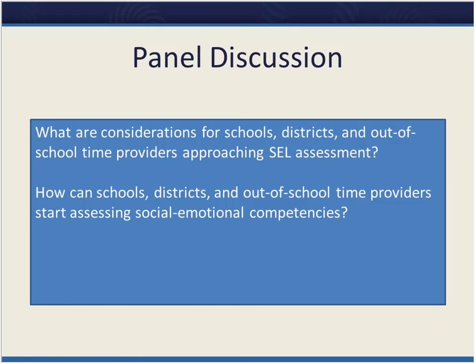The field is I think a little bit more focused on Tier 1 at this point, because we want to first make sure that we have schools that are creating environments that are conducive to this skill building and to creating environments where students feel a sense of belonging, regardless of whether they have a particular skill deficit. In other words, we can't focus on a deficit without first knowing that we're not creating those deficits or exacerbating them.